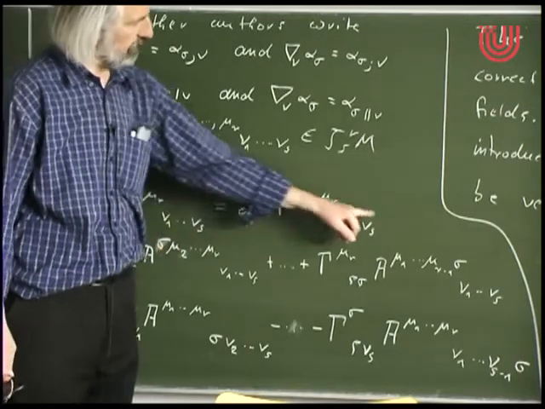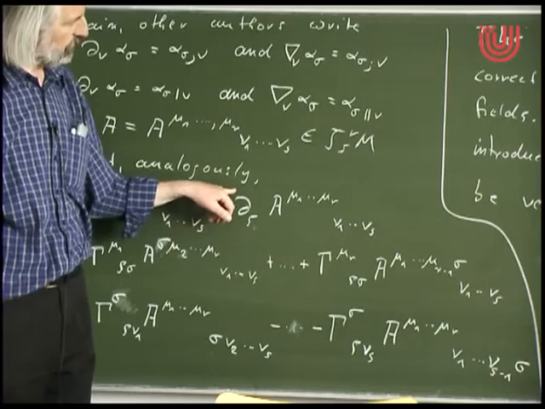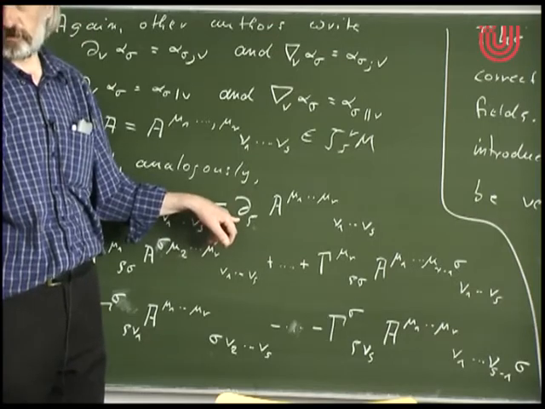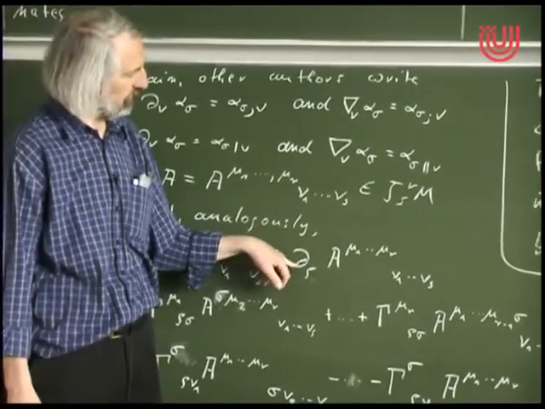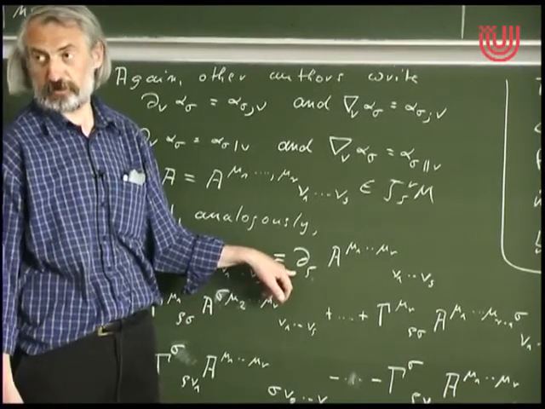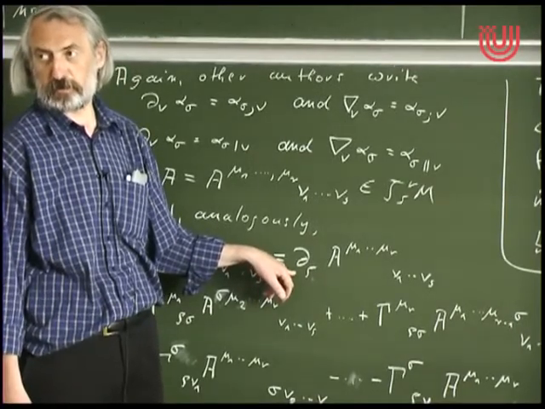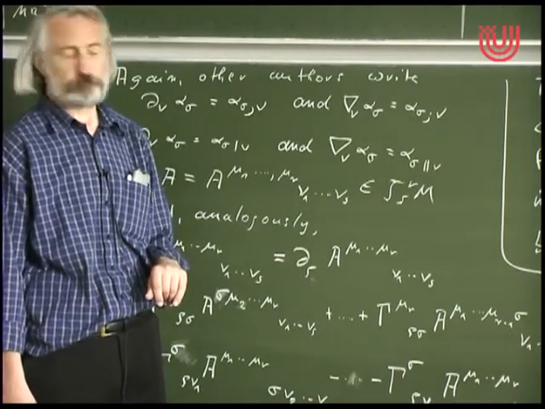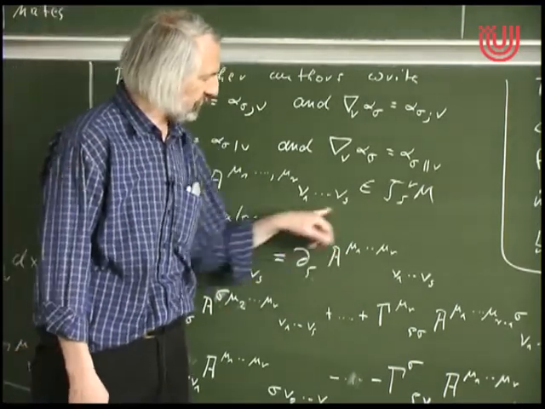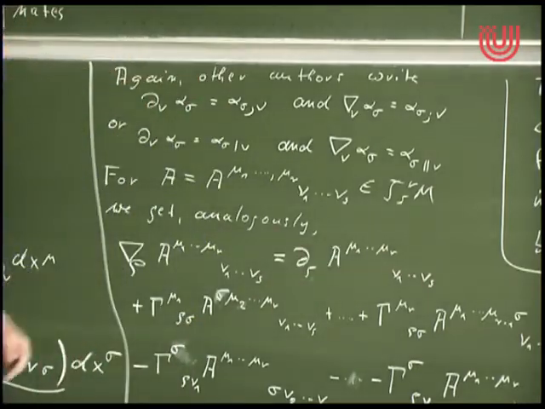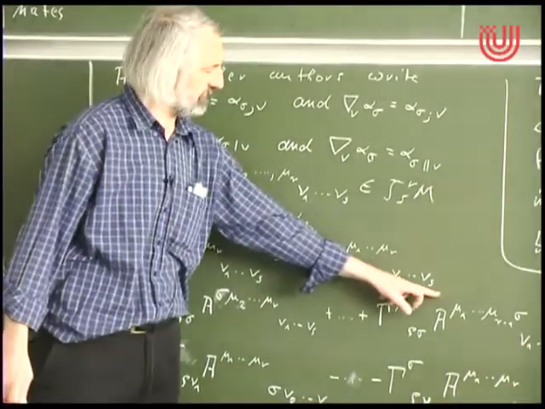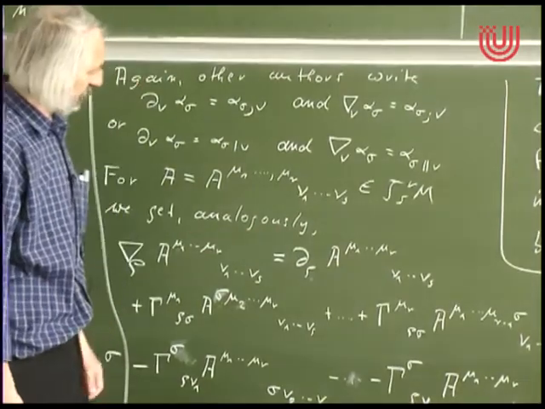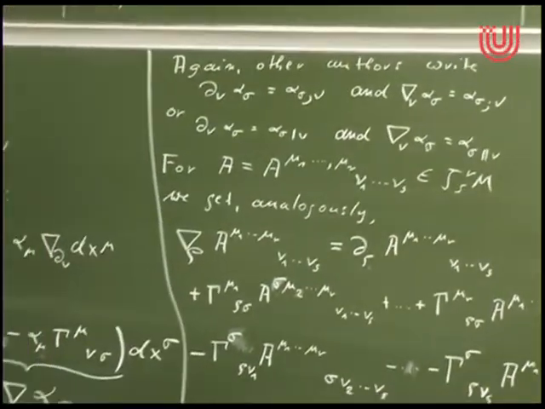If the whole thing would also transform with the Jacobi matrix, this would mean that the Jacobi matrix would be constant, that this operator wouldn't act on it. But it does act on it because the Jacobi matrix does depend on x. And that's the reason why you do not get the tensorial transformation behavior. You just have to look at the expression, then you see that this is not a tensor field. But with the gamma terms, it does.